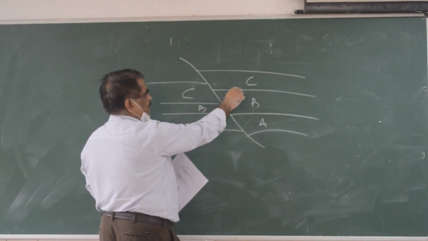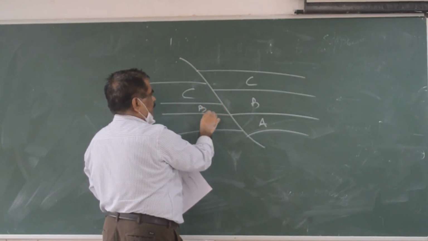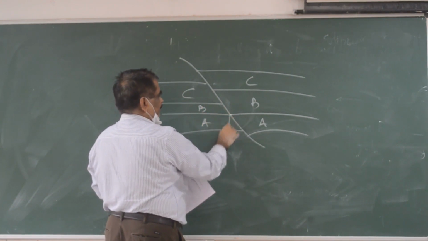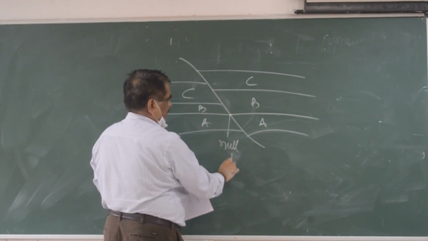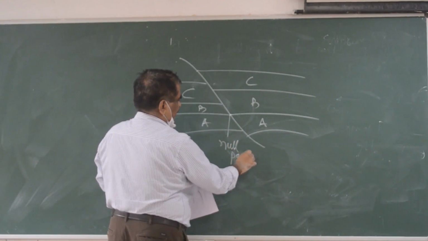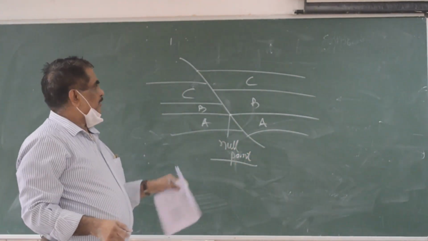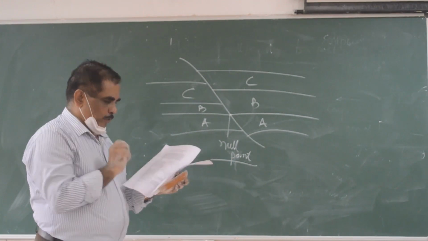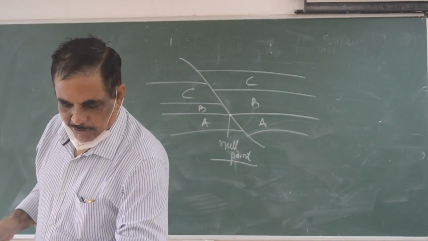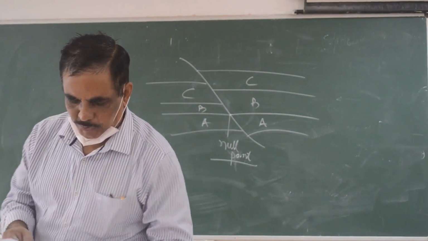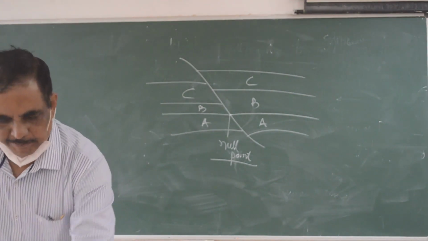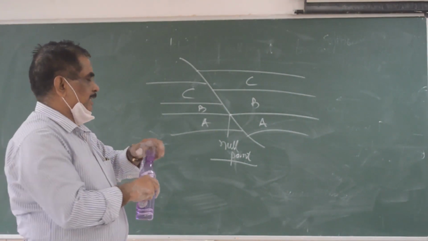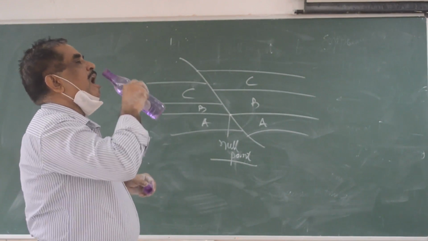Bottom surface of B, bottom surface of B and bottom surface of B. So this is a null point in an inversion technique. Okay. Now I'll draw a few other diagrams just to explain this inversion part. Then I'll give you some examples.